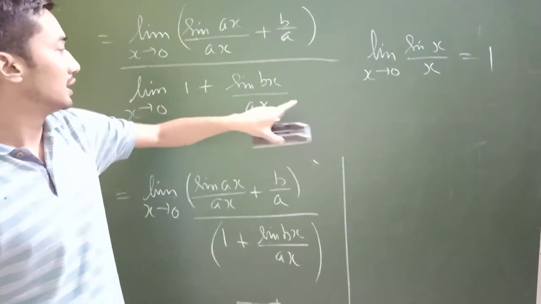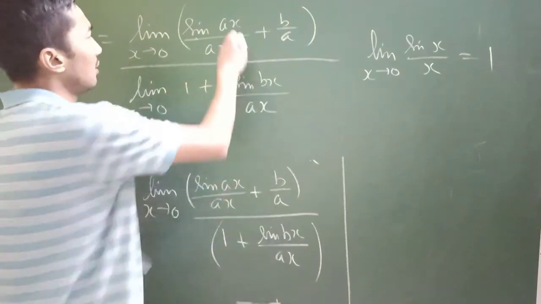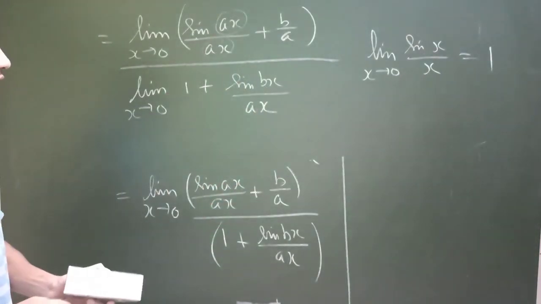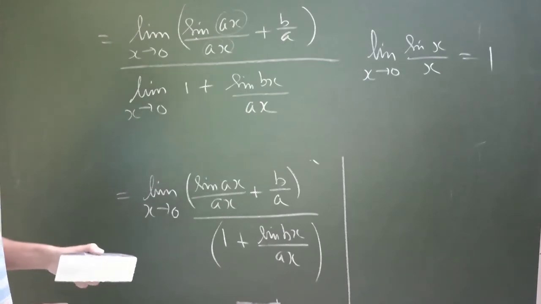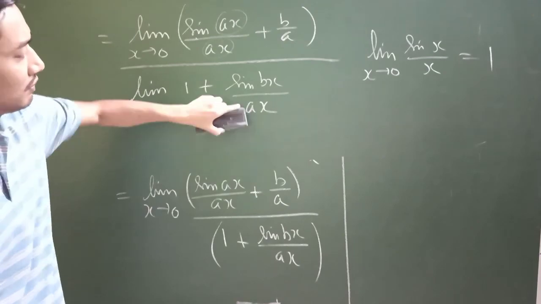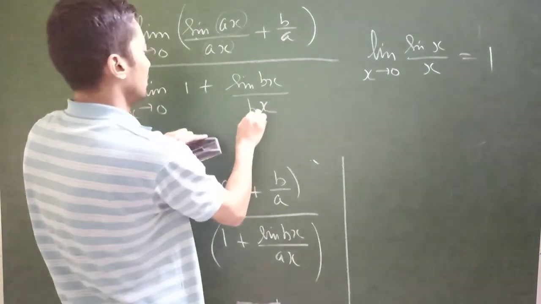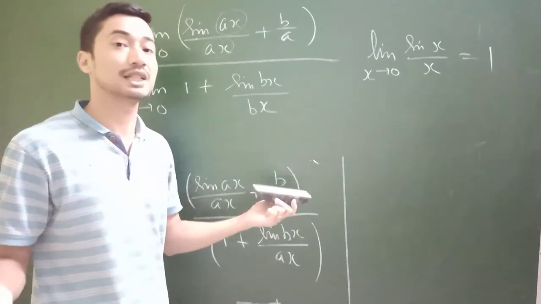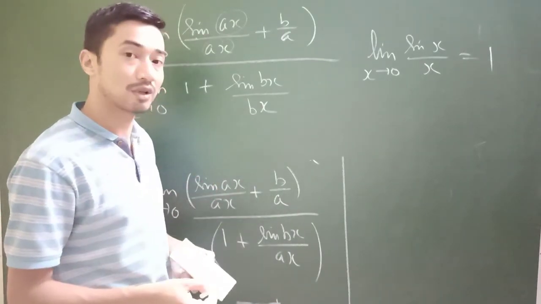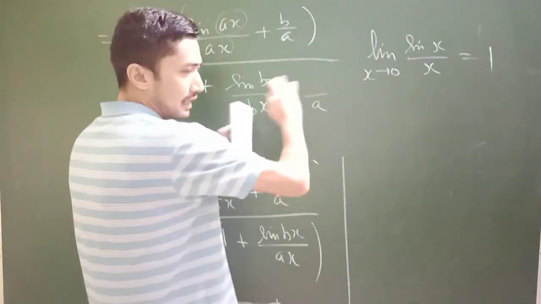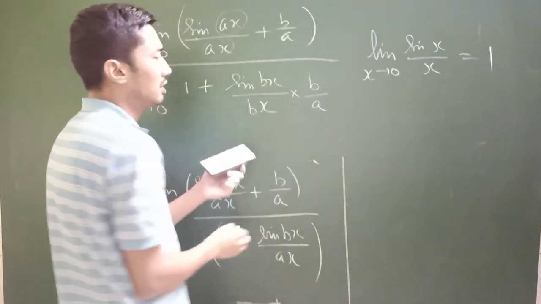B by a. Now here, at least the angle is the same, as you can clearly see. But here the angle is not the same, but instead of a, if I have b, no problem, then bx by bx, isn't it? But this cannot happen all of a sudden. So a, I will take aside, and then I'll multiply and divide by b.